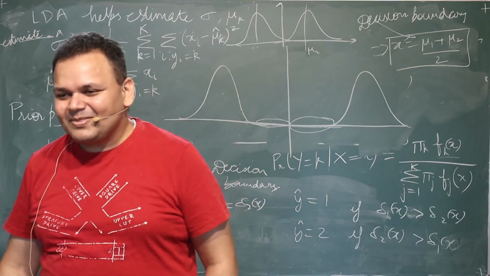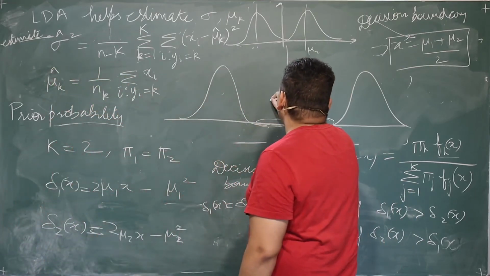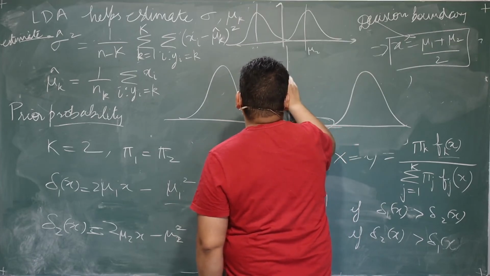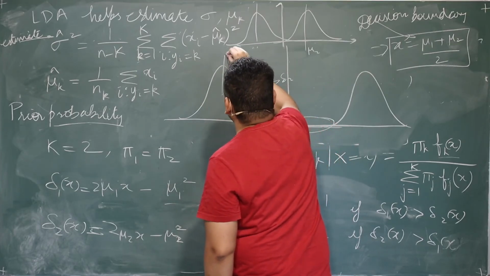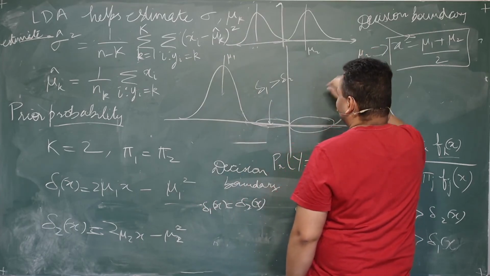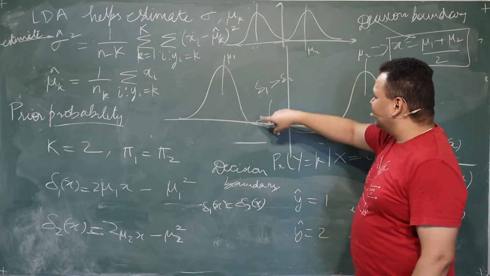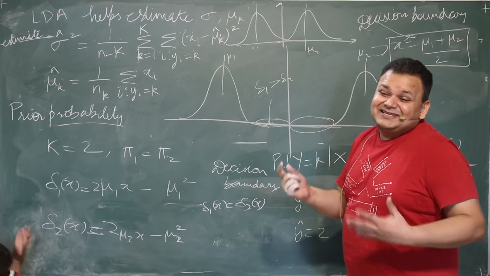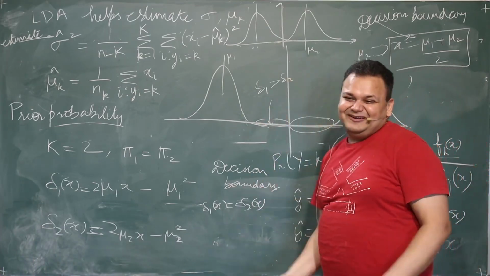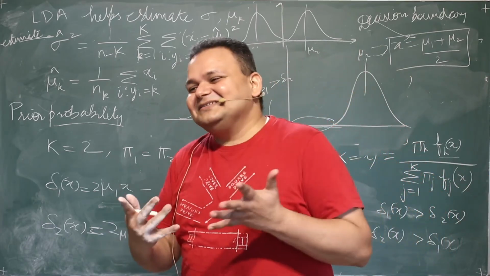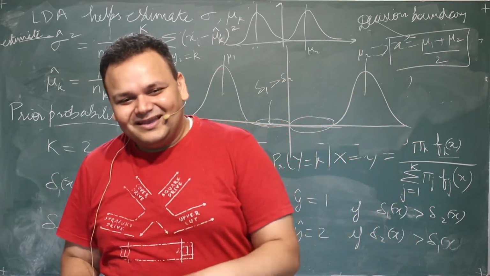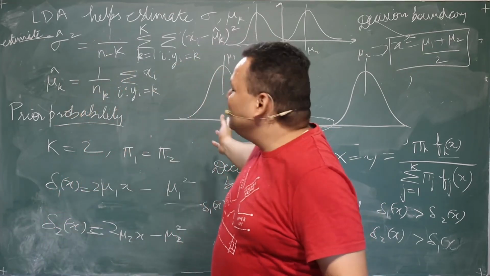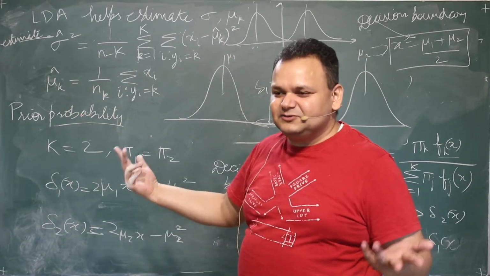Okay. Yes sir. So if you look at the probability here on this side, the probability p1 or delta 1 is going to be greater than delta 2 in this particular case. Let us say this is mu1 and this is mu2. Delta 1 is obviously going to be greater than delta 2 in this scenario, but delta 1 is very small, delta 2 is also very small, so obviously we are making a decision, but it's not really a very confident decision, because the probabilities of both these quantities are very small.